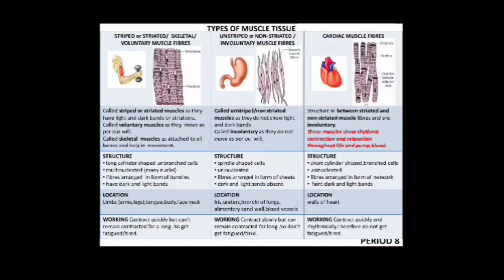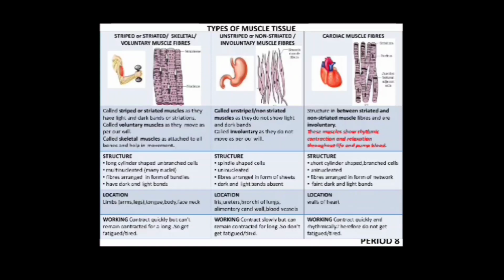In the limbs, tongue, body, face, neck, all the parts where we can move that part of our body by our own will. Working, they contract quickly but can't remain contracted for a long time, so they get fatigued or tired, and that is why we feel so much pain when we do the same exercise for a longer period of time.